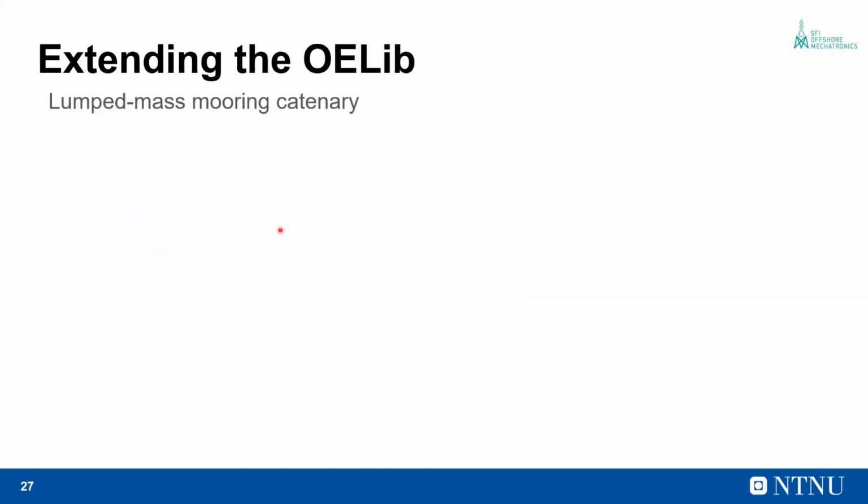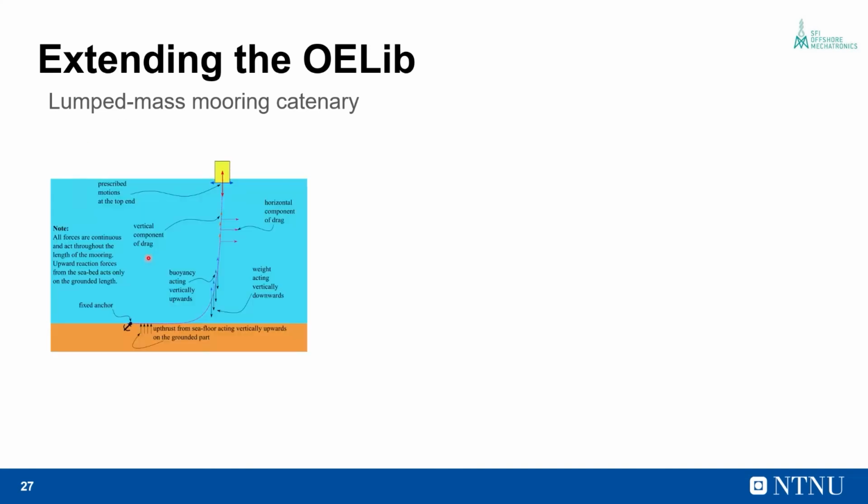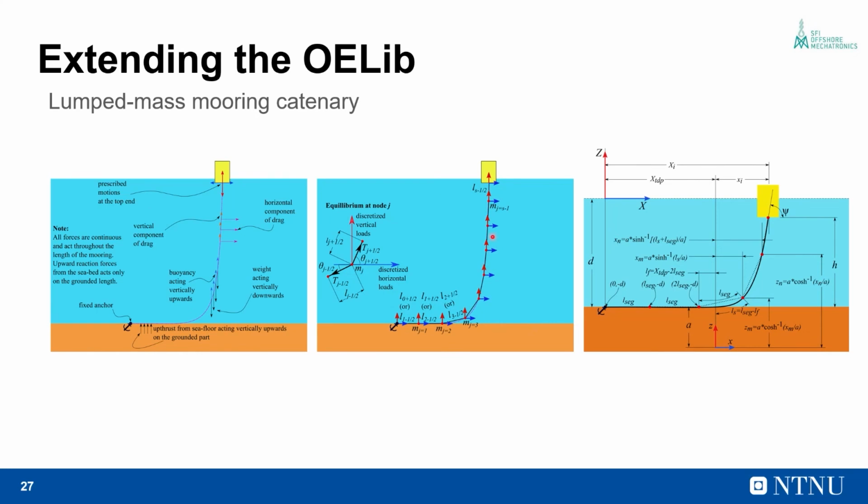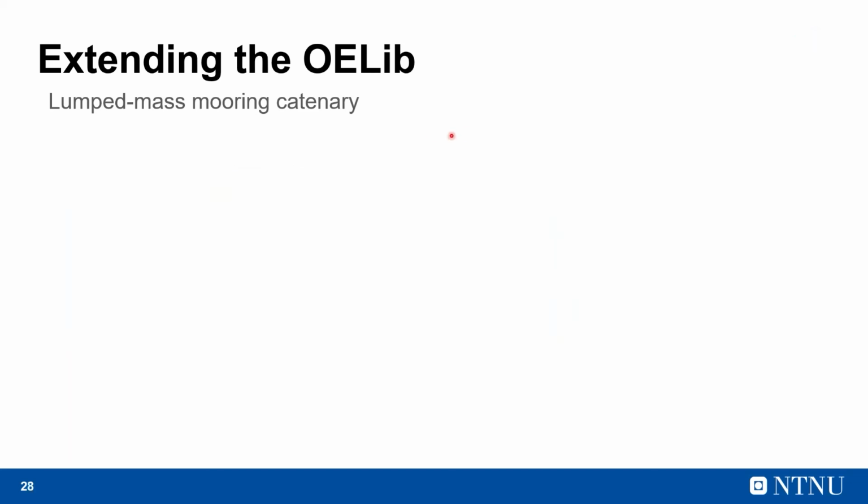In extending the ocean engineering library, we have presented a work where we use the lumped mass approach for the mooring catenary. In this case, the catenary line is discretized into lumped mass points, and we use the quasi-static catenary theory for the initial configuration of the catenary, and from that point onwards, it is the lumped mass model which is used to calculate the dynamics of the mooring line.